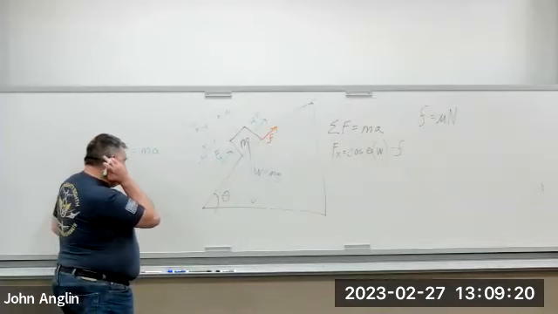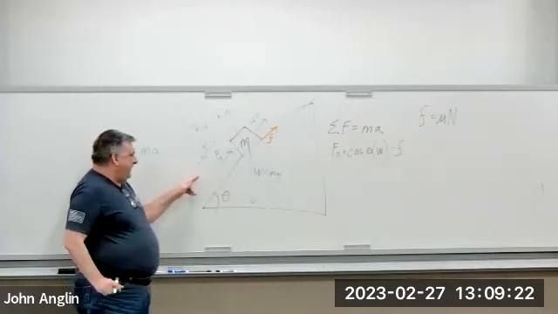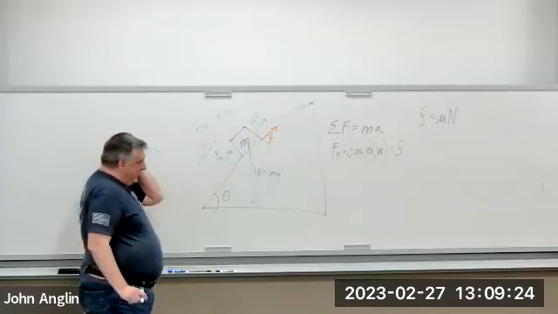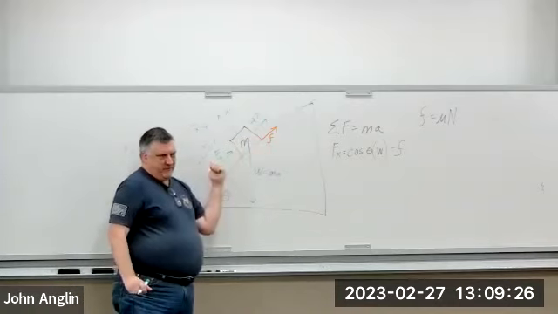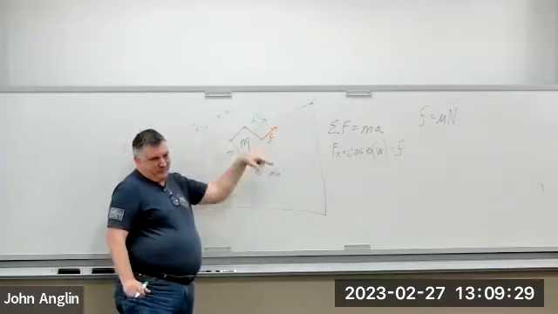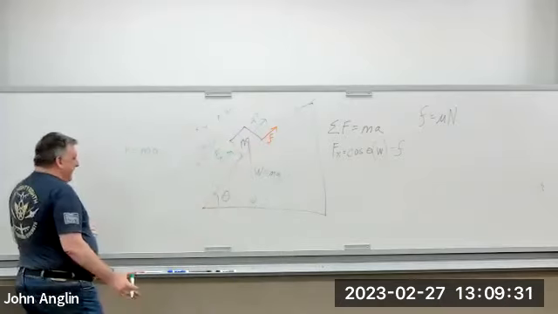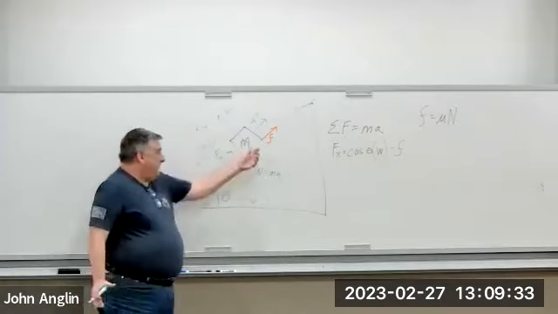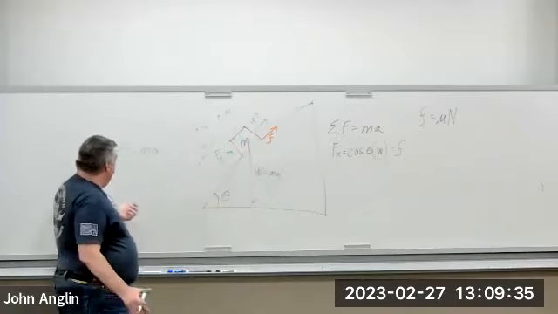Now, in this case, as you start pushing this thing up the hill, this friction vector is going to flip because you're going to change the direction of the box. That's okay. We just simply account for that with a sign.